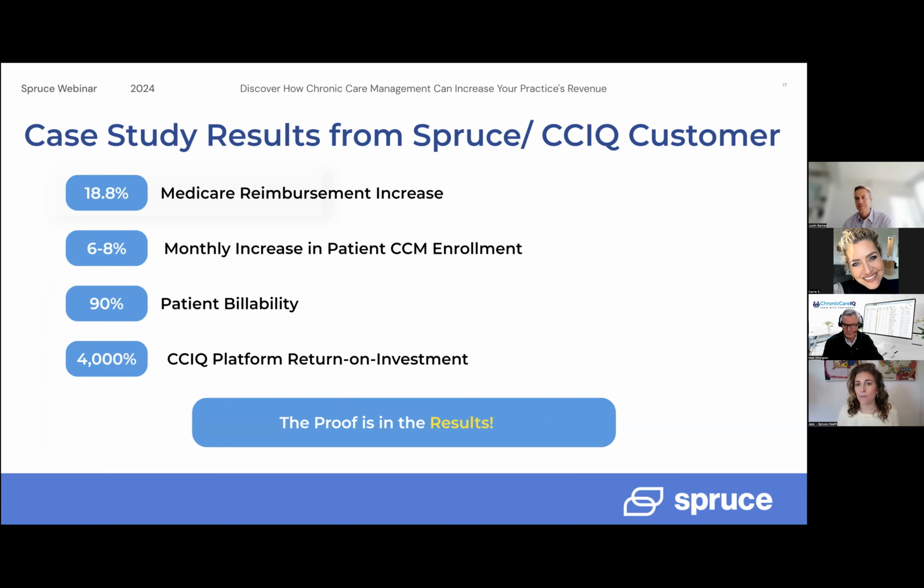CCIQ is one of them that happens to also use Spruce's data to help you do that really efficiently. You could do this on your own. However, as we've seen, it's complicated. So CCIQ helps you do this by getting into your EHR and giving your patients an app that they can fill out, with remote patient monitoring, to help assist in all those things.